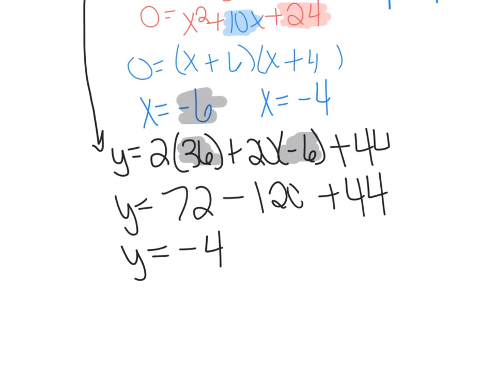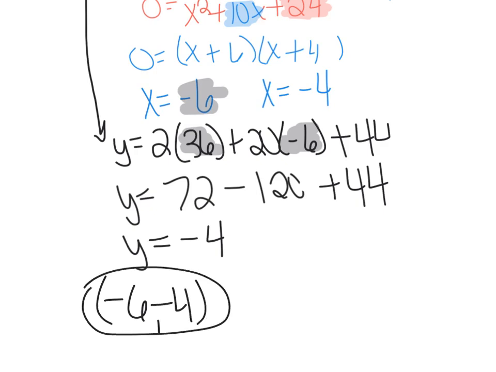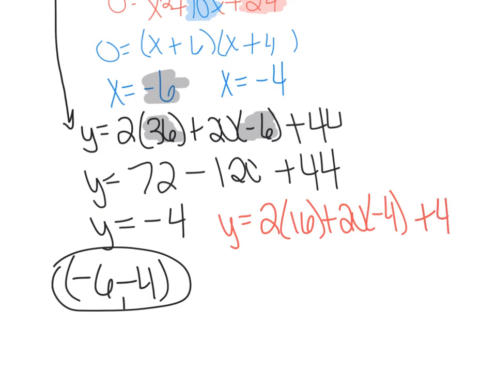So my first ordered pair is -6, -4. That's the first place that it crosses. Now I'm going to do the exact same thing, except I'm going to take out x and put in -4. So I'm going to have y equals 2 x squared, -4 squared is 16, plus 20 times -4 plus 44.